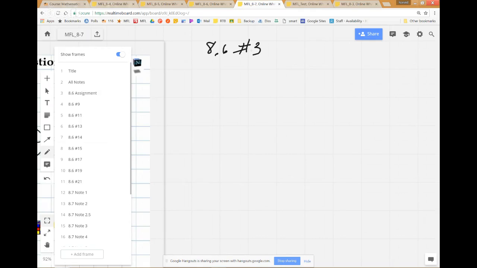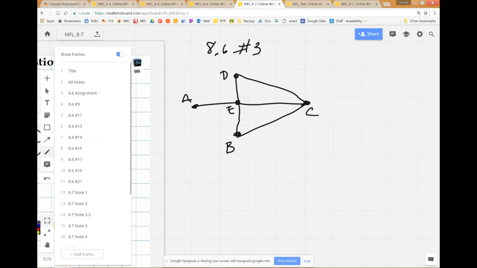So we've got this network that looks like this. And the question is, find the number of even vertices, the number of odd vertices, tell me whether it's traversable or not.